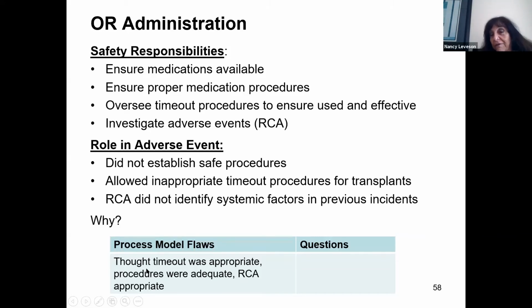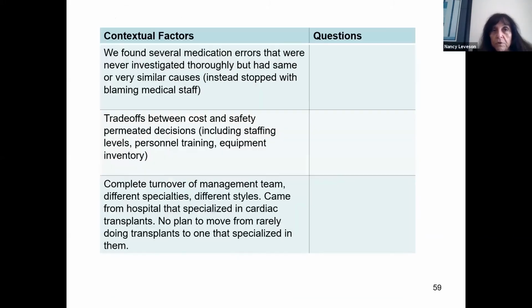Well, obviously they thought the timeout was appropriate, the procedures were adequate, and the RCA was an appropriate way of investigating accidents. Otherwise, they wouldn't have done it. Look at the contextual factors. We found several medication errors were never investigated thoroughly, but had the same and very similar causes. But instead, they stopped with blaming the specific medical staff: that person made a mistake, done, gone.